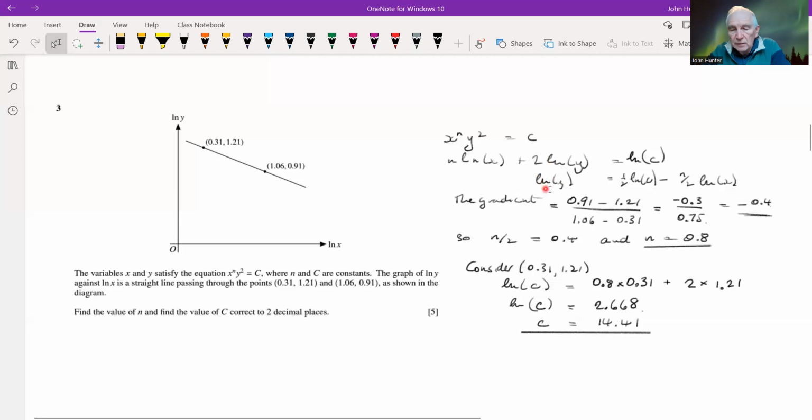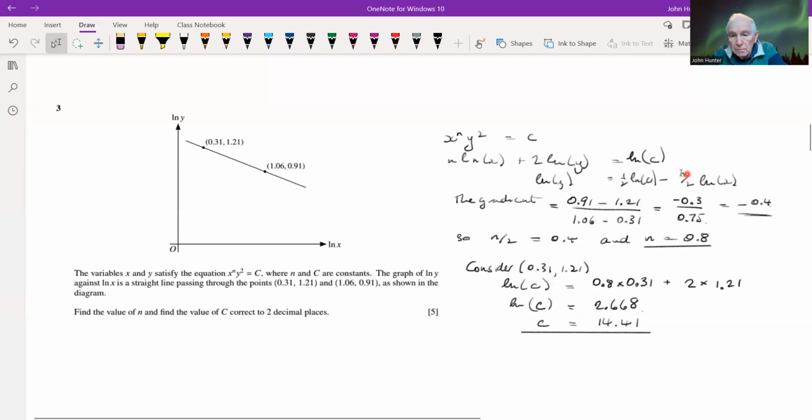This is your vertical variable equal to the gradient times the horizontal variable plus some constant. Where have we seen that before? y equals mx plus c. So we can glean from this that this minus n over 2 is the gradient, and this, of course, would be the intercept.